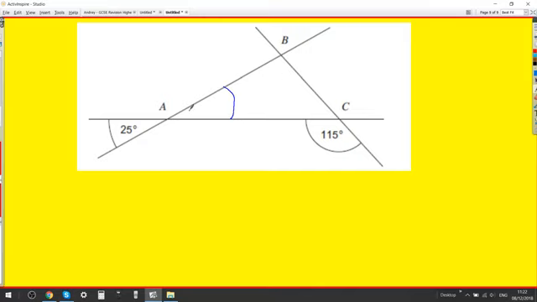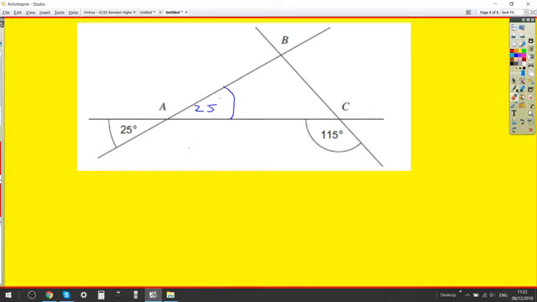Okay. This one here is 25 degrees, and that's because opposite angles are equal. So this angle that's opposite A would be the same as A, for example. Anything you know about this angle here? I'm not sure.